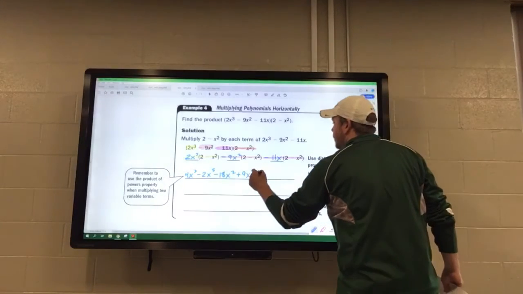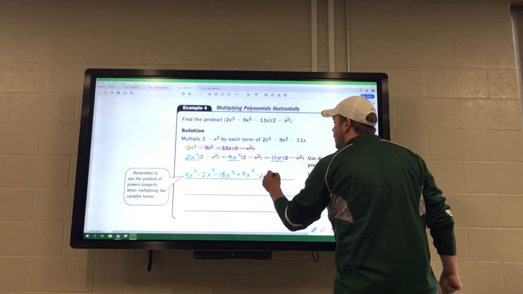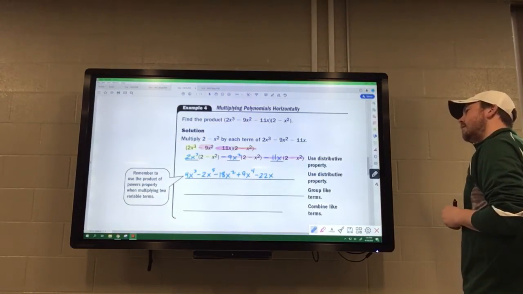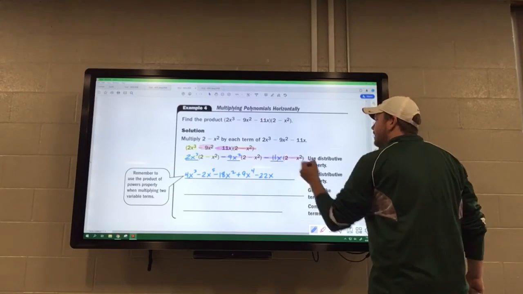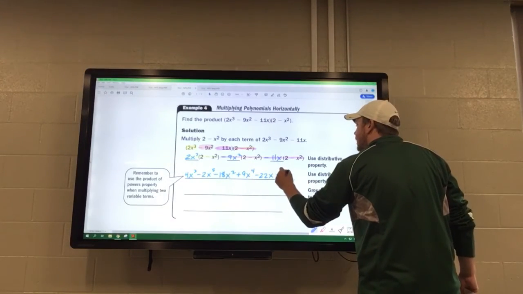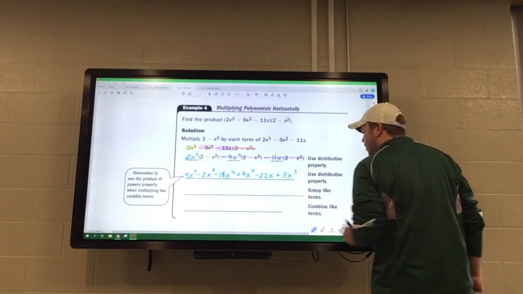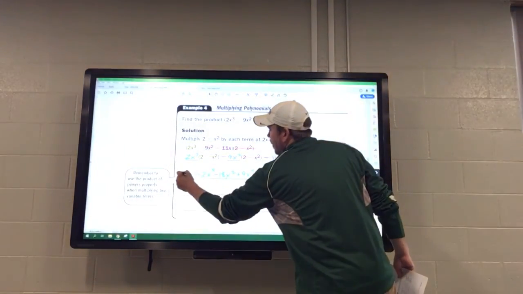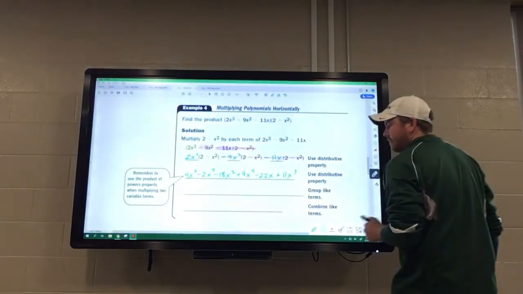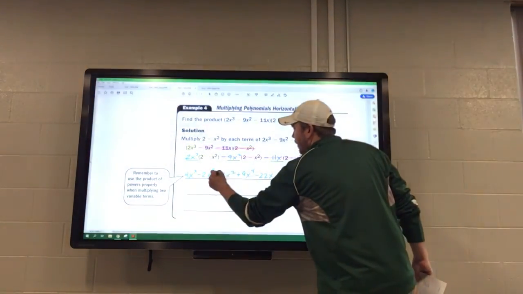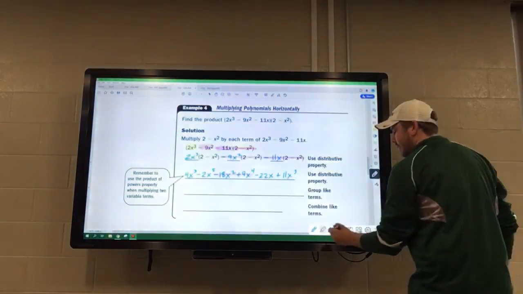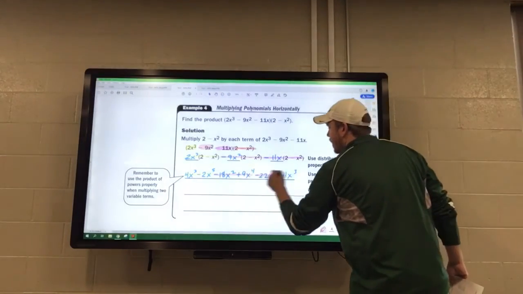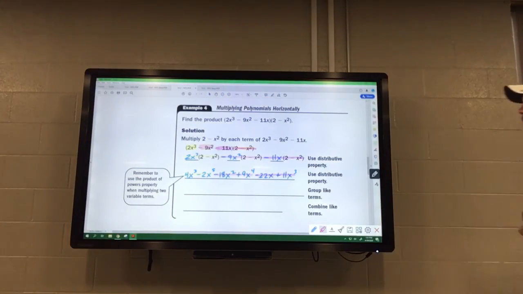Negative 11x times 2 is negative 22x. And negative 11x times negative x squared is a positive 11x cubed. So where did we get each piece? These two terms came from here. These two terms came from here. And these two terms came from here. Hopefully those different colors are showing up in the video well.